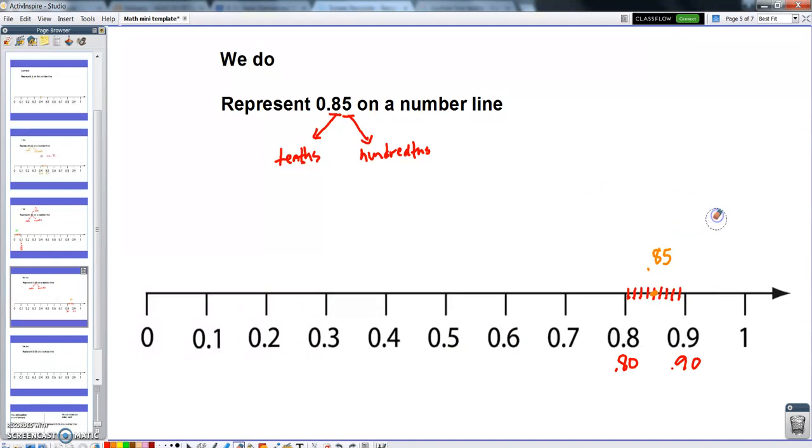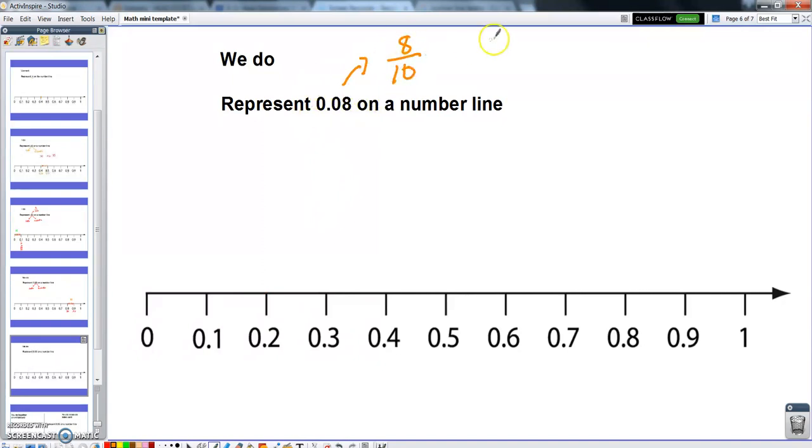All right, let's do one of the ones that tends to get us. One more example. Let's represent 8 hundredths on the number line. These are the ones that get us, because we confuse these two things. Is that 8 tenths or is that 8 hundredths? Am I talking about this or am I talking about this?